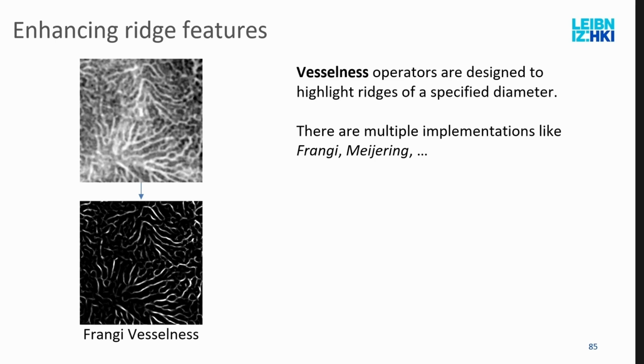Then there are vesselness filters that produce outputs like those. As mentioned before, they are usually made by the people who do neuroscience to really trace the neurons in the microscopic images, but we can use them also for other vessel-like structures. And there are two that you will usually find in the standard libraries, the Frangi vesselness and the Ring vesselness. ImageJ specifically has the Frangi vesselness, and this works very well.